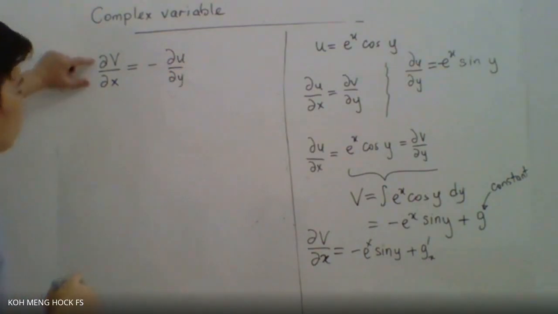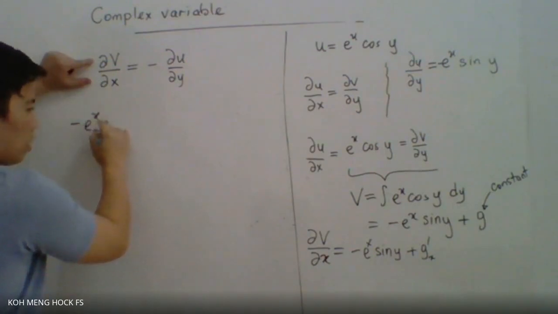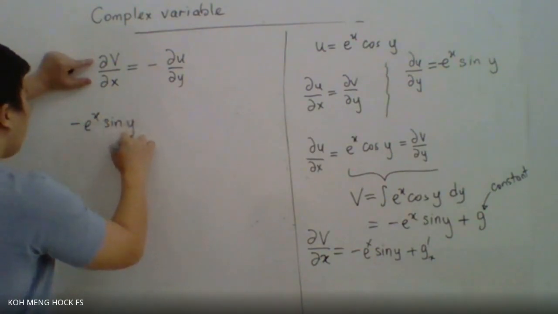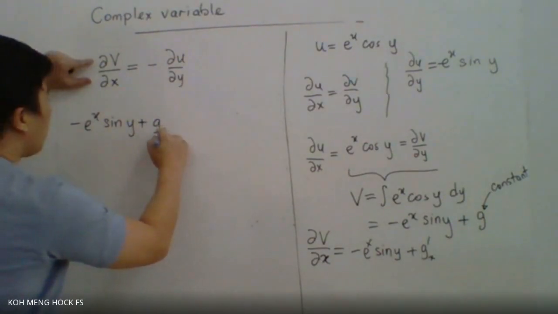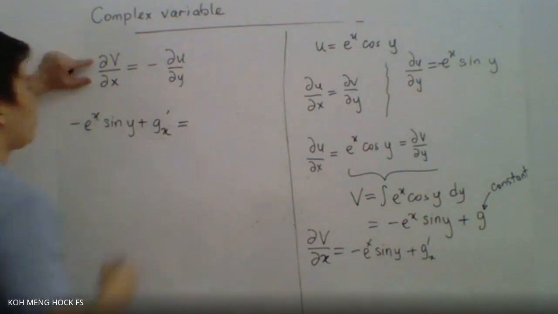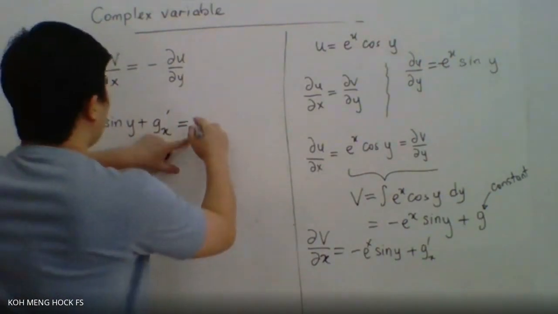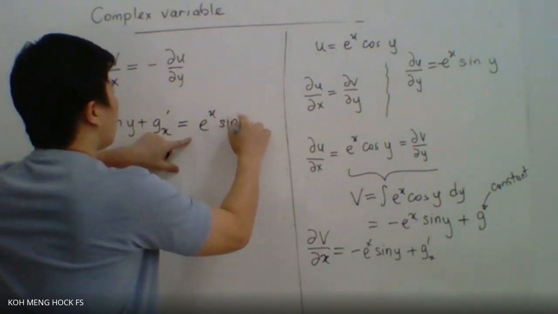So what is my dv/dx? dv/dx is going to be negative e^x sin y plus g'(x), and this is going to be equal to negative, so this is e^x sin y.